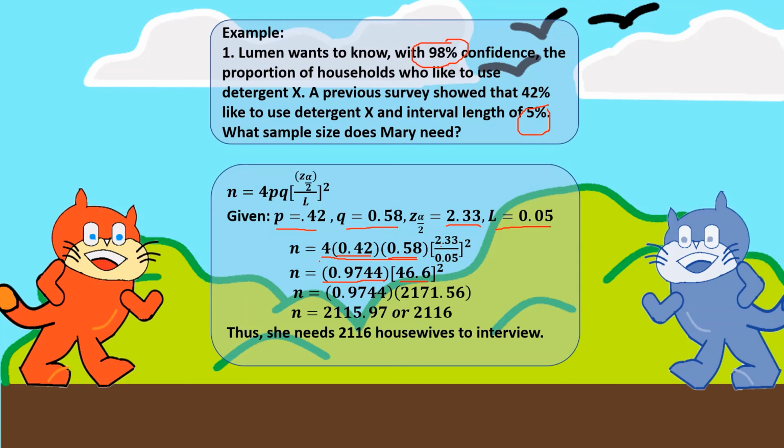The square of 46.6 is 2171.56 and it will be multiplied to 0.9744. And using our calculator, our n is 2115.87 or 2116. Thus, she needs 2116 housewives to interview.